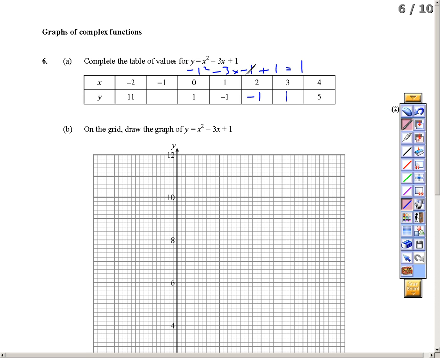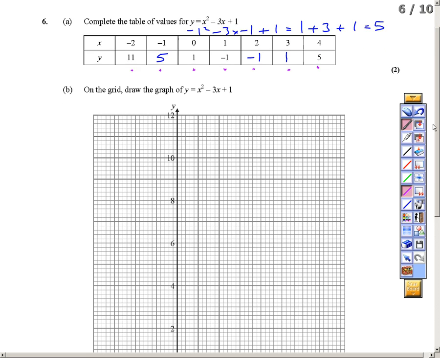So minus 3 lots of minus 1 has got to be the opposite, which is plus 3. And plus the 1 at the end gives me 5. And yes, I've got a nice symmetrical arrangement there of 5, 1, minus 1, minus 1, 1, 5, and the odd one at the end, which is 11.